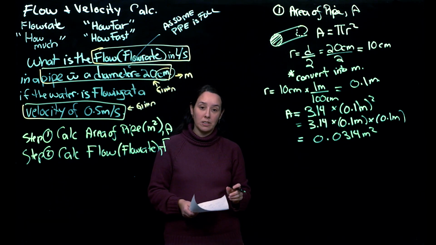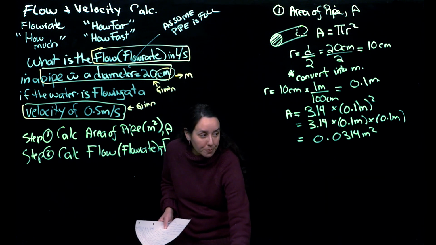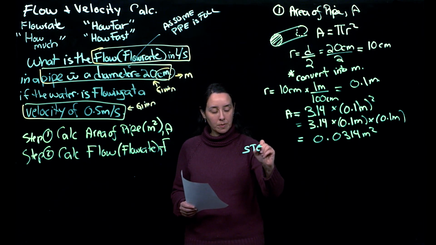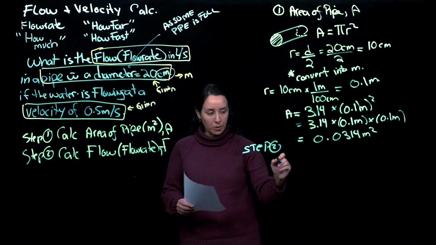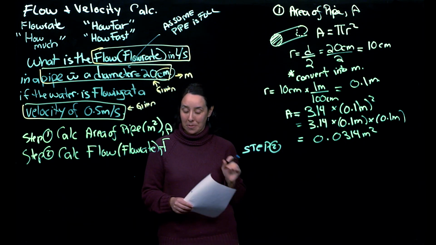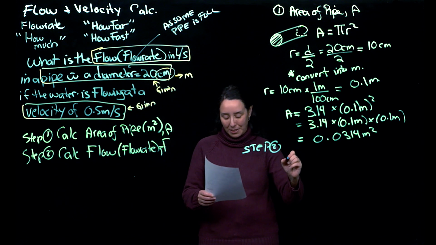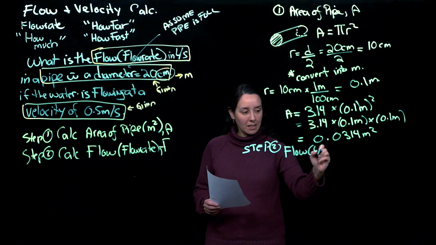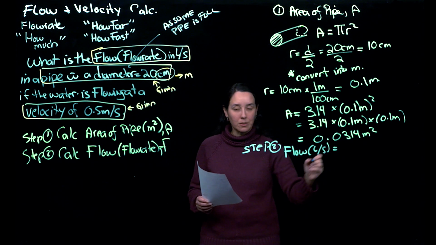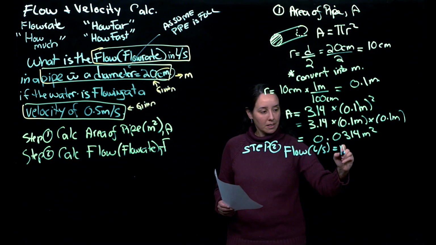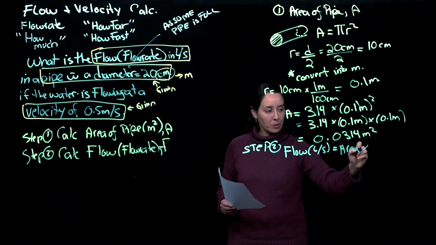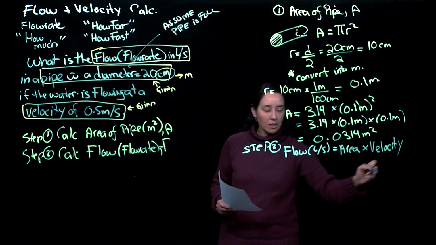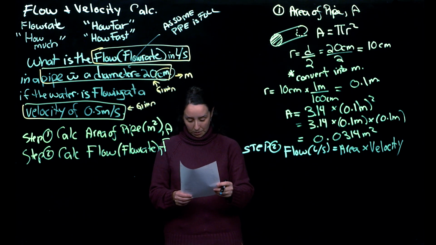And now we're going to do step 2. Step 2 is the flow in liters per second, and that is equal to area, which we just calculated, times velocity, which we were given.